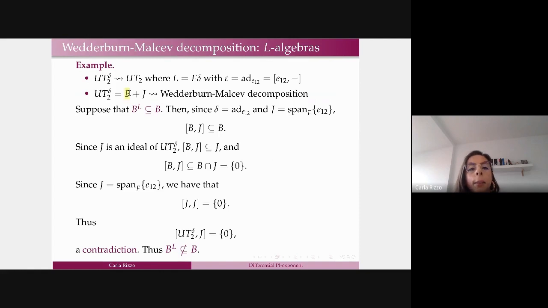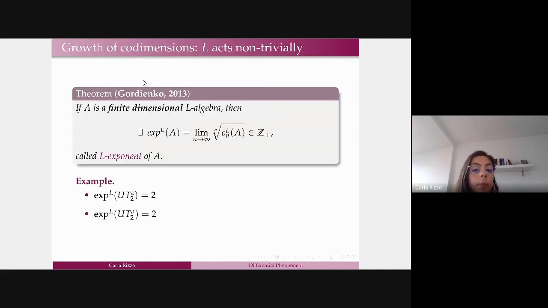For any maximal semisimple subalgebra we take, if we consider any Wedderburn-Malcev decomposition, then B is not L-invariant. B is sent to a linear combination of elements; actually, it's sent to the radical. So B is not invariant under the action. Okay, so we have a problem.